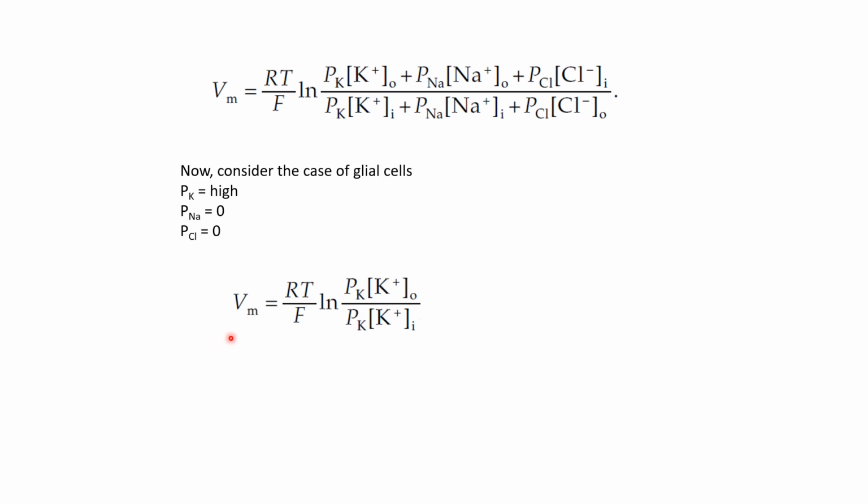So the final resting membrane potential becomes RT over F ln of PK K+ outside over PK K+ inside, and PK cancels out, and what we have left is basically the Nernst equation, RT over ZF, where Z is just 1 now, ln of K+ outside over K+ inside. So what we can say is that the Nernst equation is just a special case of the GHK equation. So when the GHK equation is applied to just one ion, then it becomes the Nernst equation. And this is the more general form which takes into account multiple ions.